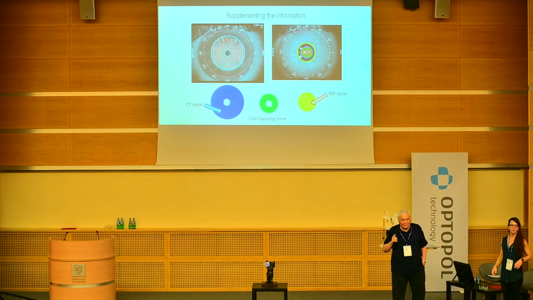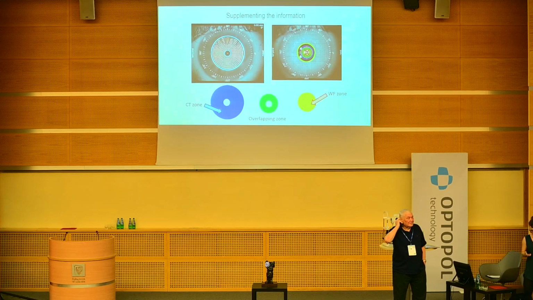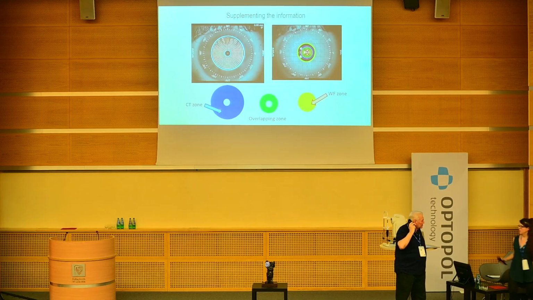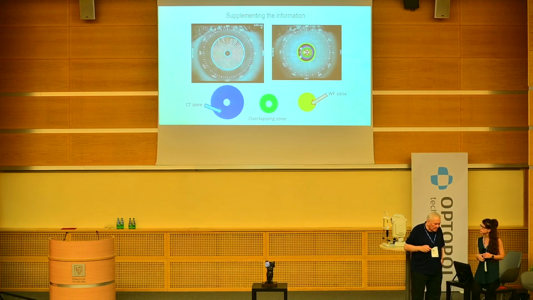I have a question about the changes of the pupil size. Because the pupil size changes immediately after the blink, is it also taken into account in the analysis? So do you take into account the change of the pupil size during the analysis?